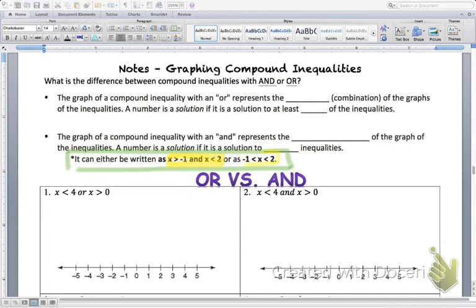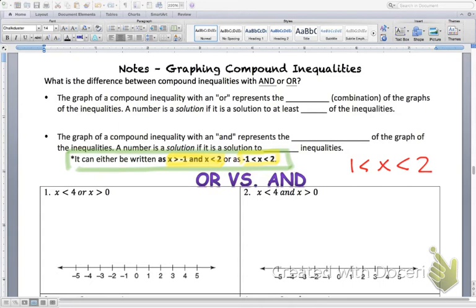If you write it as a connected inequality, I want you guys to notice one thing. The 2 inequalities are facing the same direction. You cannot have 2 inequalities facing opposite directions. This would not work. They have to be facing the same direction, and then you should be fine.